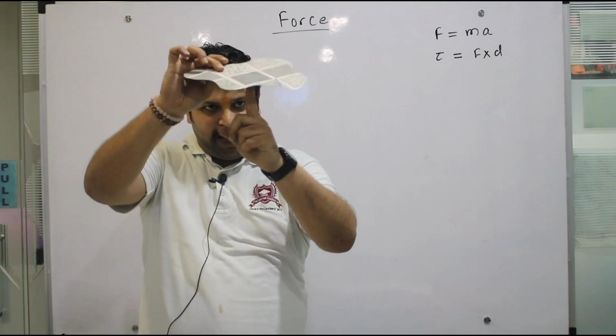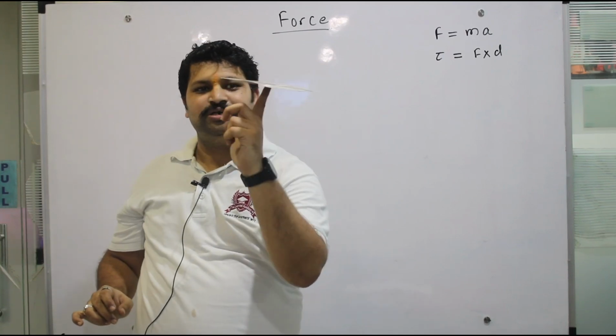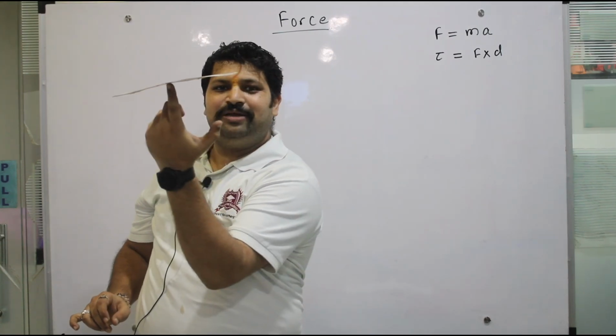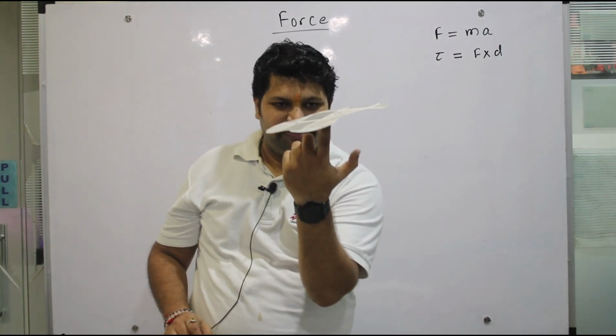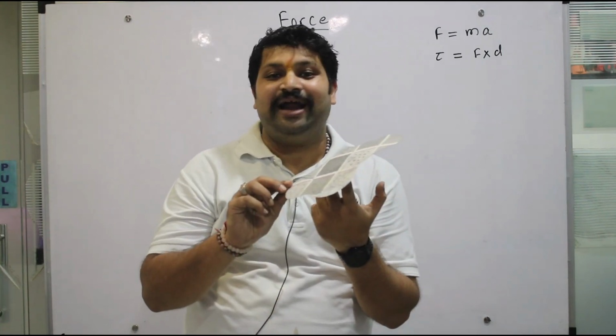So if you see, no matter what I do, it can be pretty easily balanced at that point. So this is how we can find the center of gravity of any random body.